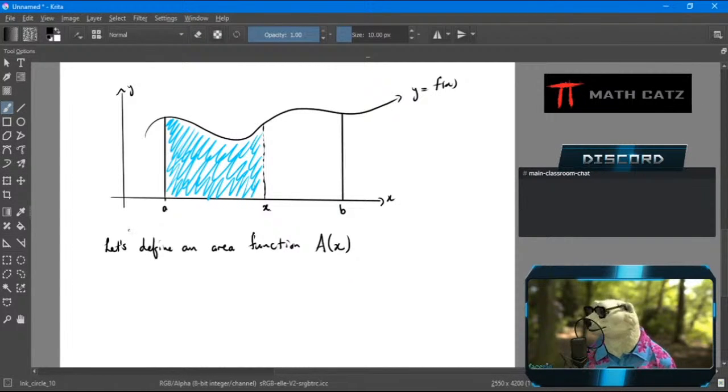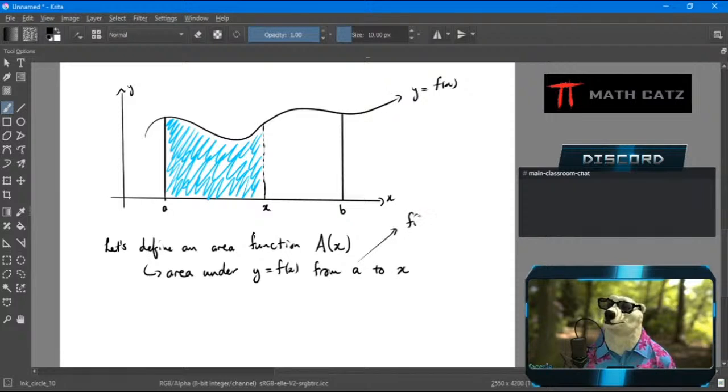And it's going to be the area under my graph from A to some X value. Now A is always fixed. A is fixed. The x is the variable.